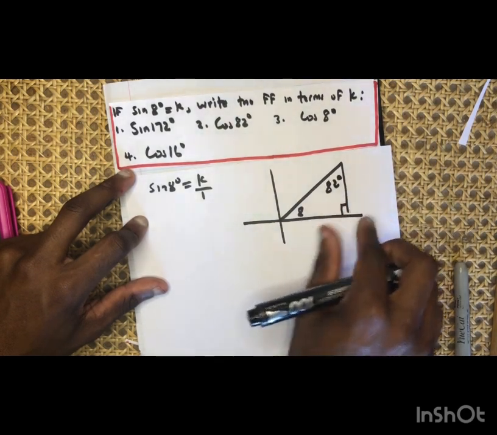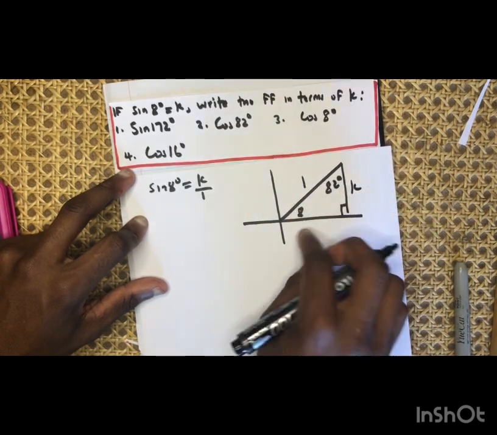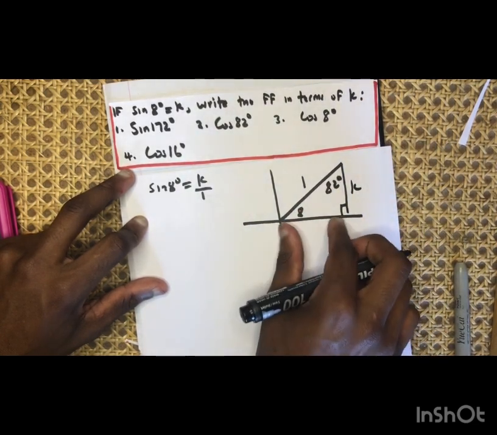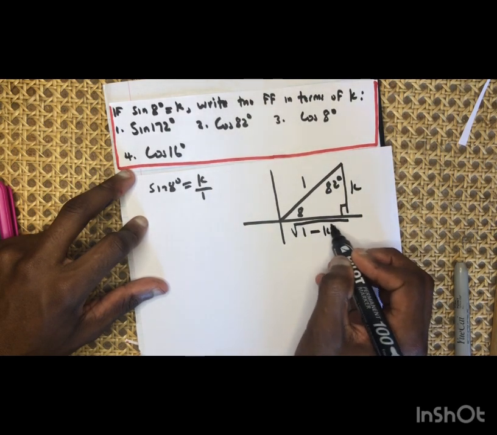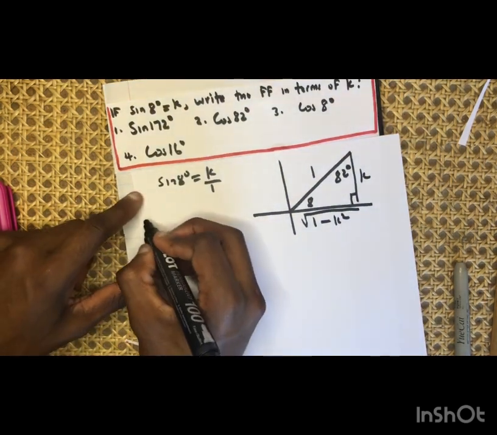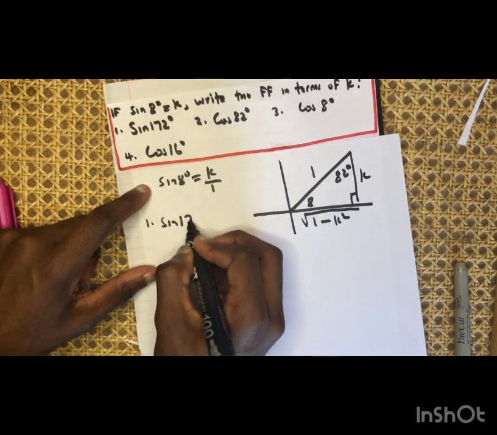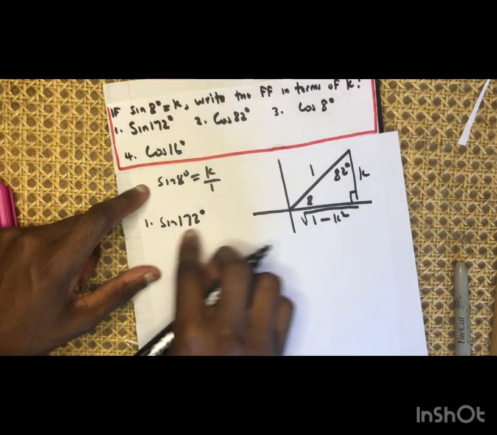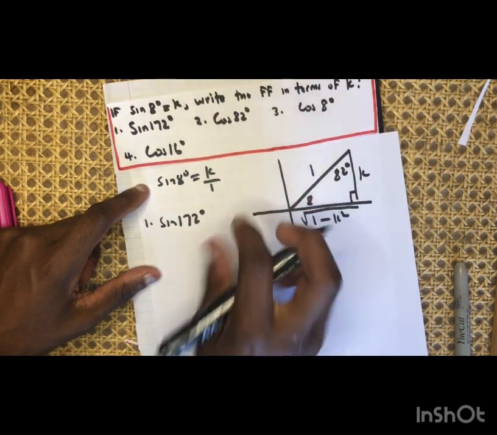Sine, guys, is an opposite over hypotenuse. So this is going to be k and a 1. So you can solve this side by using Pythagoras. So by expression, it's going to be 1 minus k squared. So if we answer number 1, they want 172. Then you need to ask yourself, where do you find 172? We find 172 on which quadrant? A second quadrant.